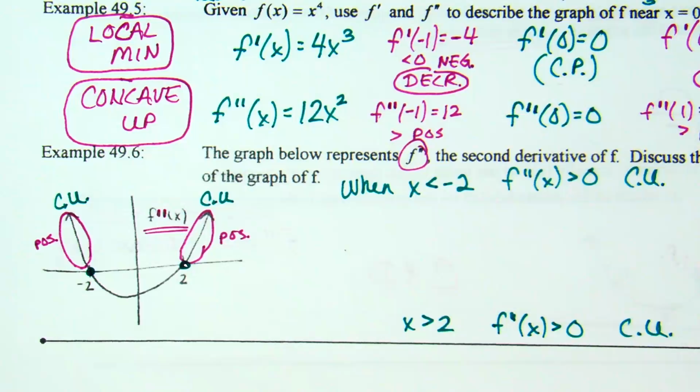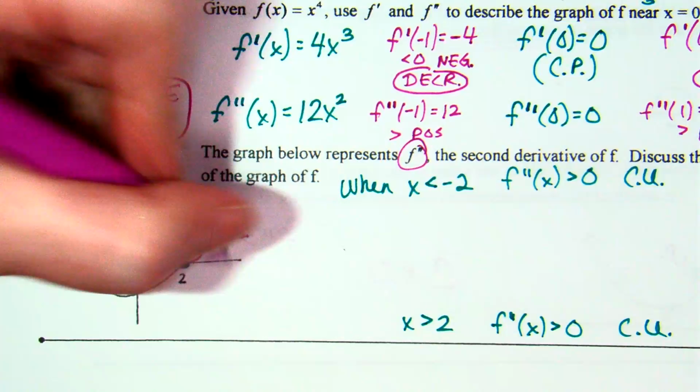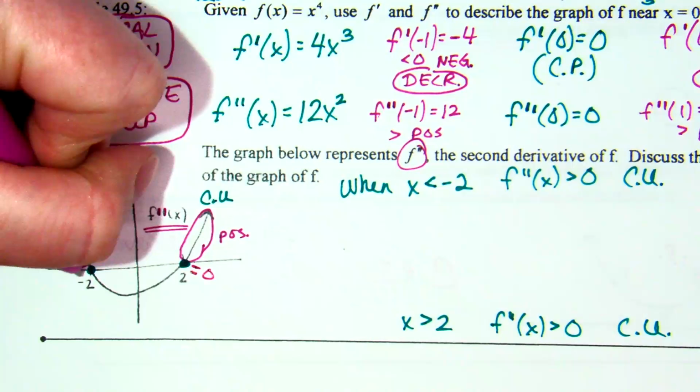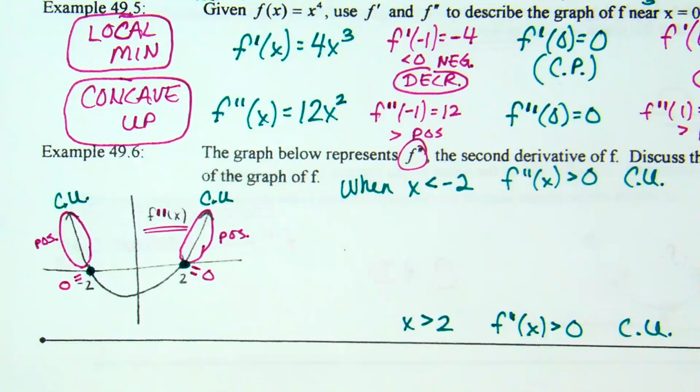Right here at negative 2 and 2, my graph is neither positive nor negative. The second derivative graph equals 0, yes? And what happens when the second derivative equals 0?